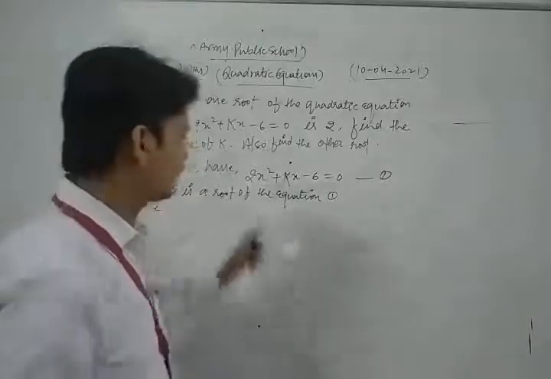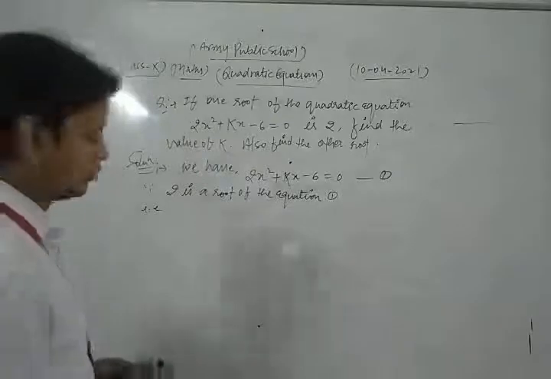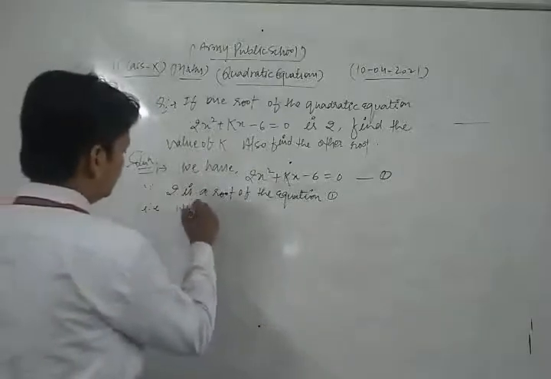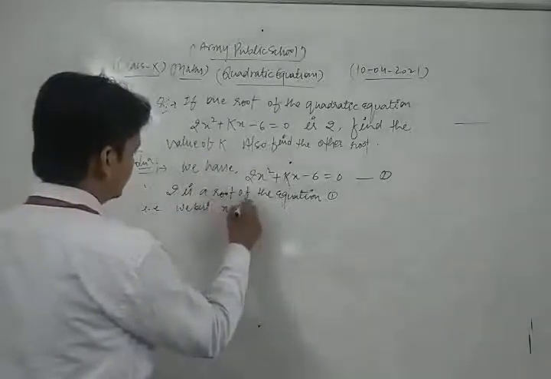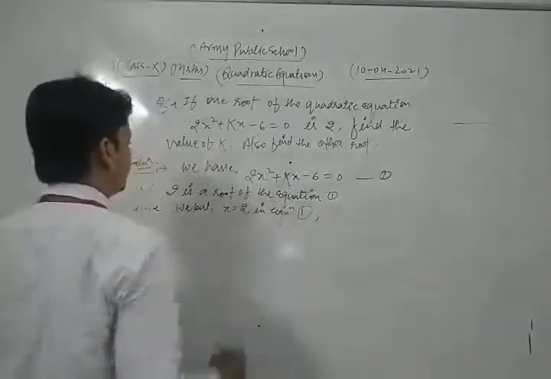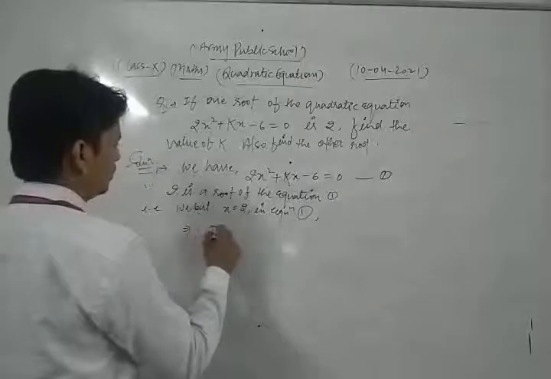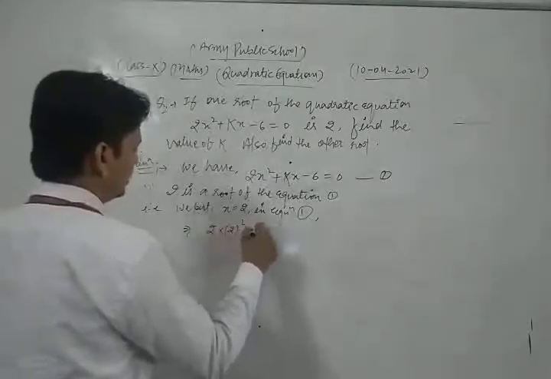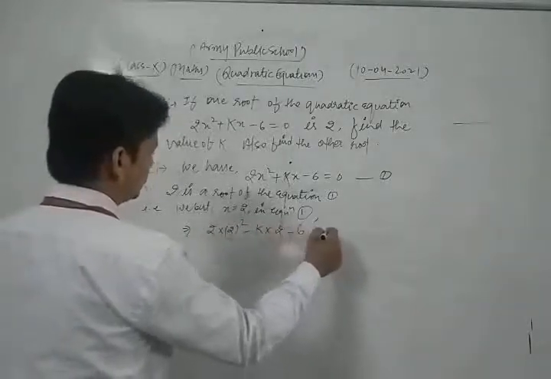We must replace x by 2. That is, we put x is equal to 2 in equation 1. So we get 2 into 2 square minus k into 2 minus 6 is equal to 0.